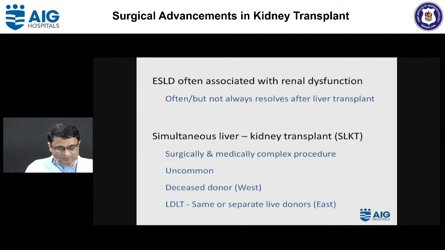Simultaneous liver kidney transplant is surgically and medically a complex procedure. It's uncommon, and probably different criteria should apply for SLKT in deceased donor and for LDLT, especially in the eastern countries and in India.